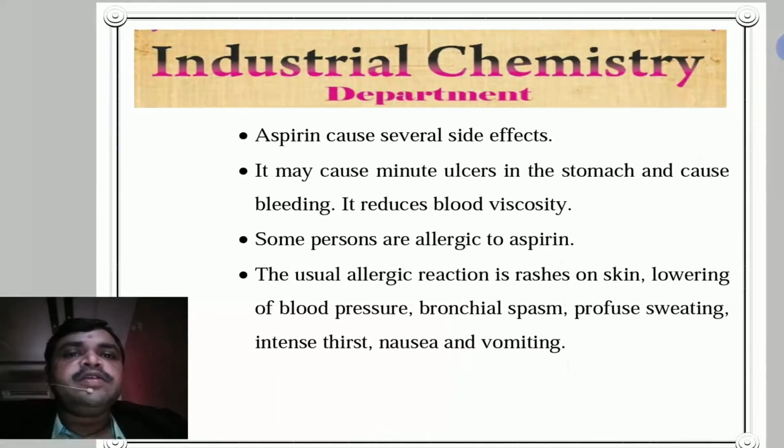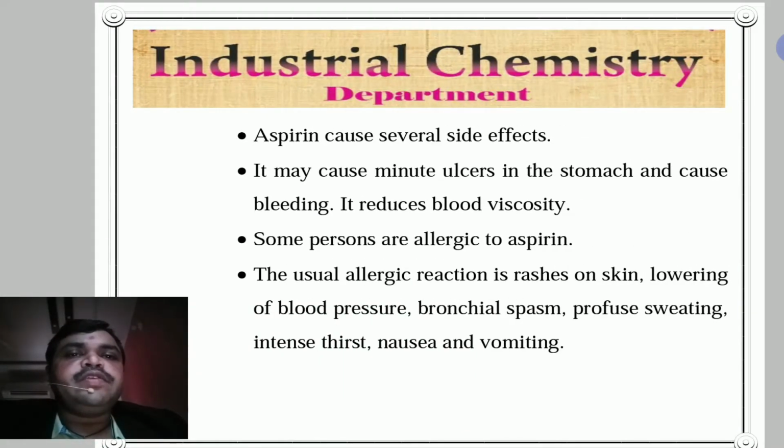Now, aspirin's side effects. Aspirin causes several side effects. It may cause minute ulcers in the stomach and cause bleeding. It reduces blood viscosity. Some persons are allergic to aspirin.